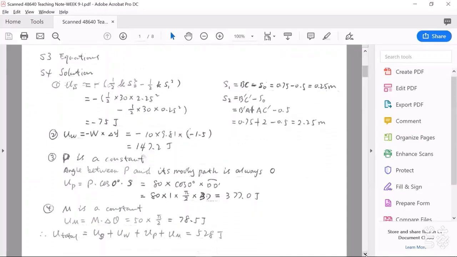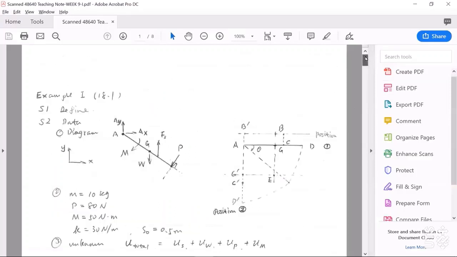Last one is the couple moment. This couple moment is a constant, so we can use this equation. In this equation here, delta theta is the angular displacement from this horizontal position to this vertical position.